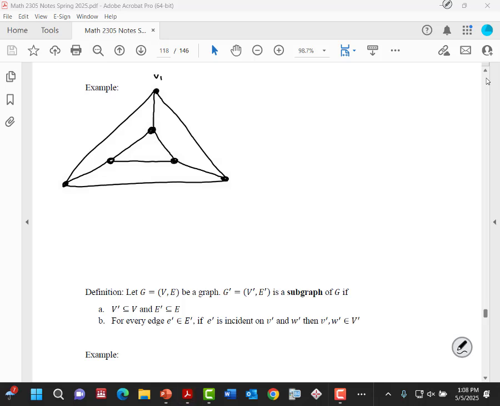And I'll just label these V1, V2, V3, V4, V5, V6.